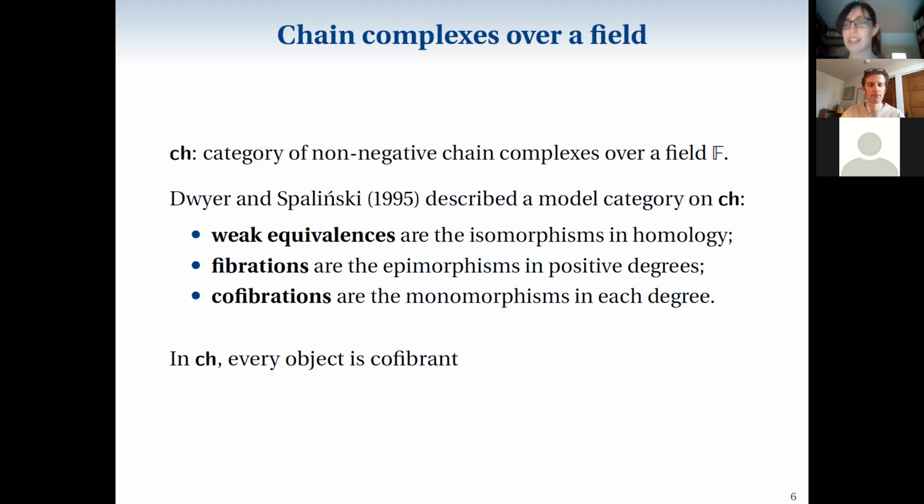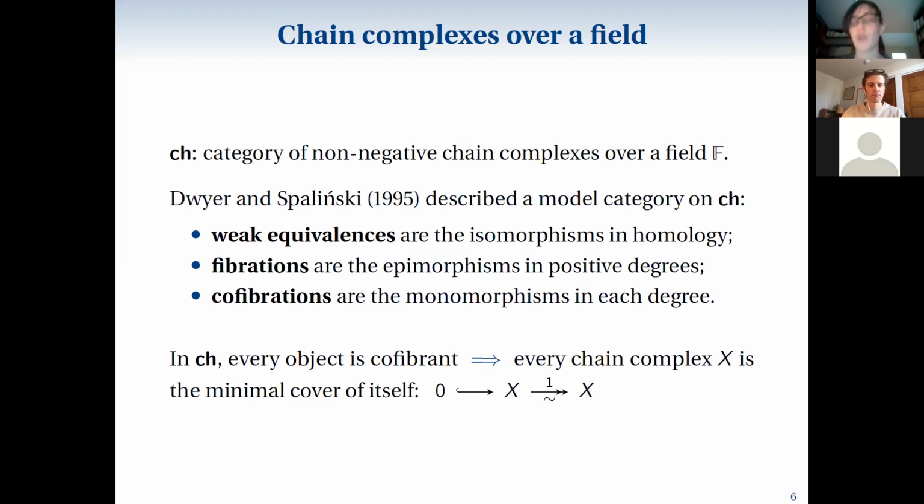So it means that every object is cofibrant, which means that in the category of chain complexes over a field, every object is its own minimal cover. Because since every object is cofibrant, this map here is a cofibration. And then the identity is in particular an isomorphism in homology, and of course an epimorphism in positive degree. Okay.